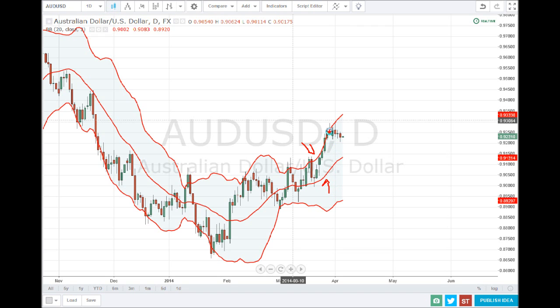You'll notice that price is starting to come away from the upper band, so we may see price fall back to this lower band, and when that happens we're looking for some sort of bullish signal, either a pin bar or an engulfing candle, and that will be our signal to go long and hopefully follow price as it continues on the upside.